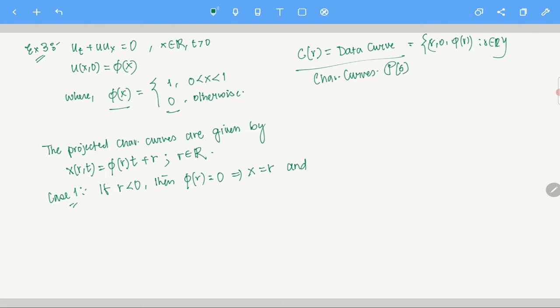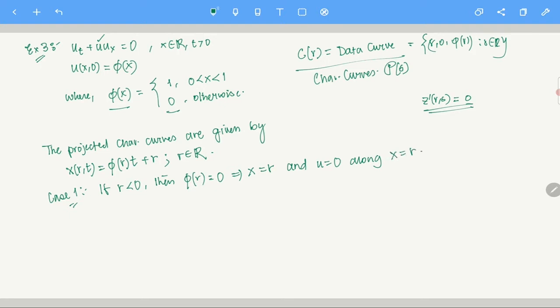If you remember the characteristics, z prime of (R, s), this prime is with respect to s, equals 0. So u is constant along these curves, and since phi of R is 0, u equals 0 along x equals R. I hope this is clear.